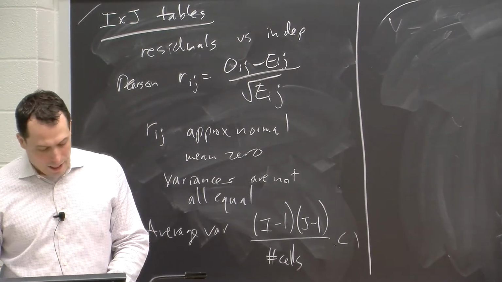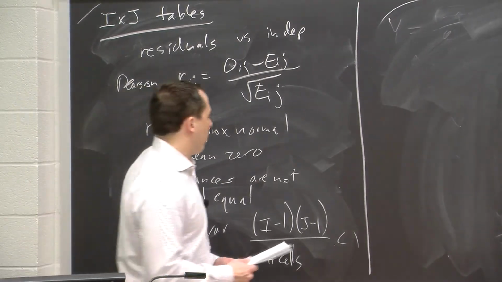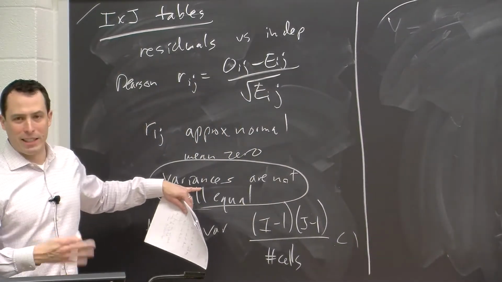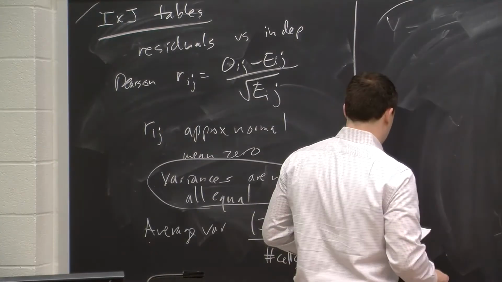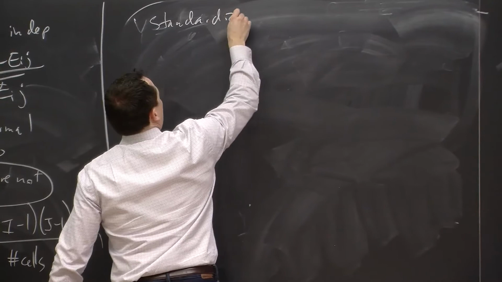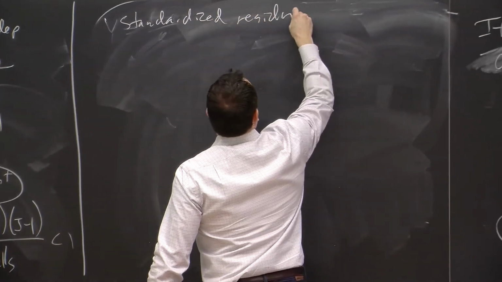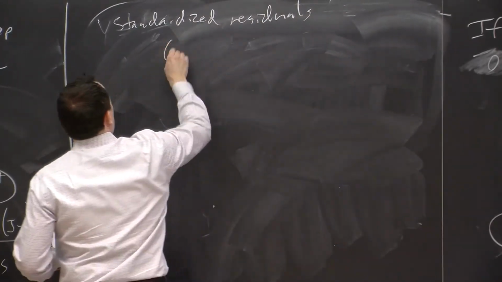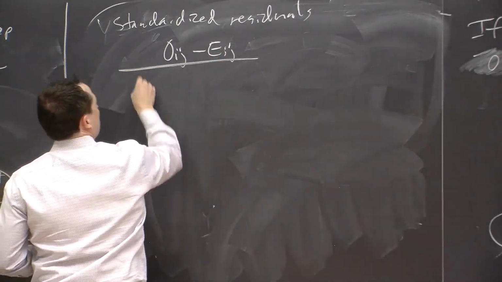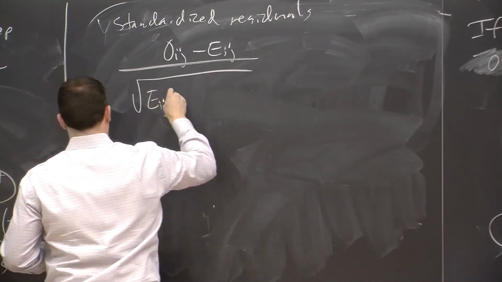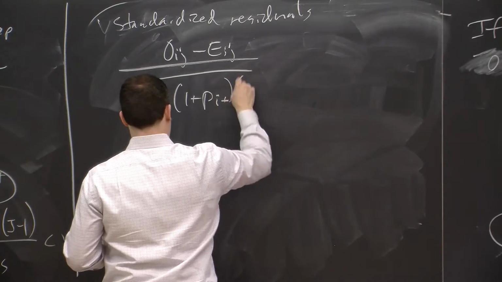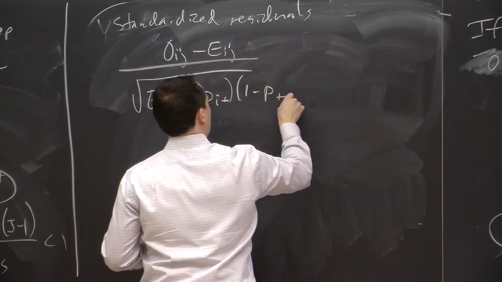And we can adjust for the fact that the variances are not all equal to get a standard deviate for each of the residuals. We just divide by what we expect the variance to be, 1 minus p_i+ times 1 minus p_+j.